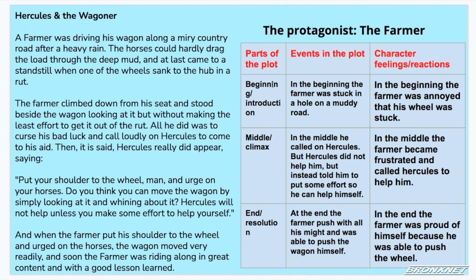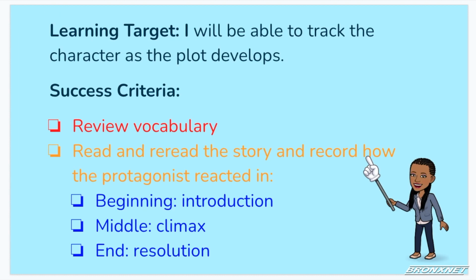And then we match that with how our character feels or how our character reacts in each part of the story. And that is how we will figure out, going back to our learning target, how our character develops. Don't forget, guys, we have to make sure we track our plot, track our character, and that is how we know how our character changes, and how our character develops.